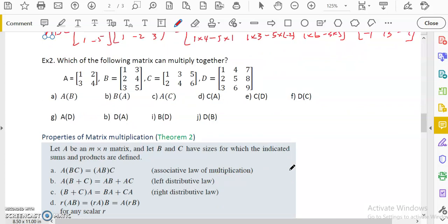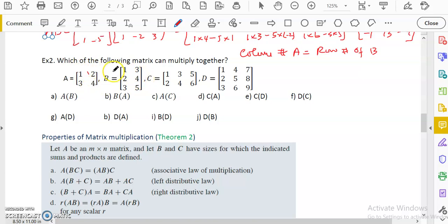Because of that, the number of columns of A must equal the number of rows of B, right? So this has how many columns? It has 2 columns.